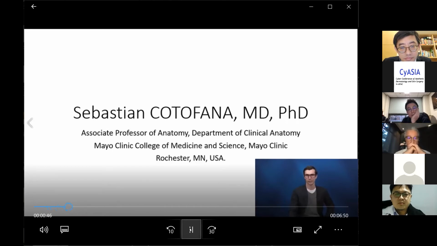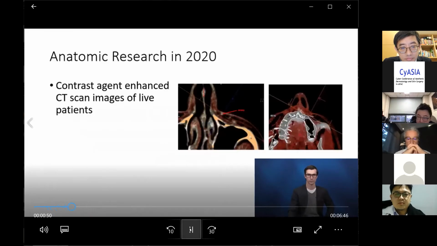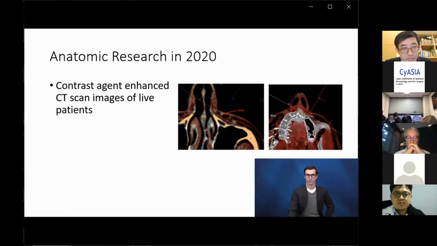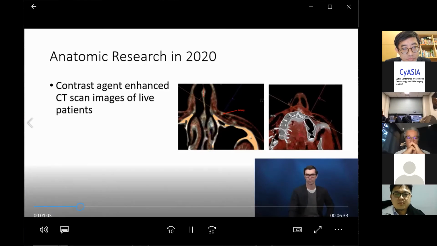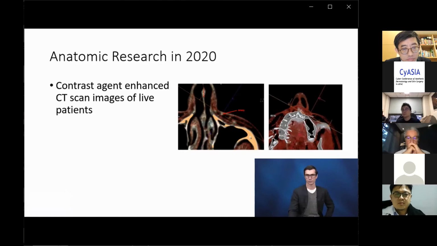What I think was very interesting in 2020 was the different direction that anatomical research took. Previously, we dissected and looked at different variations, locations or relationships, either in embalmed cadavers, which were even less applicable to the clinical field, or in fresh cadavers, which are more applicable, but still cadavers.